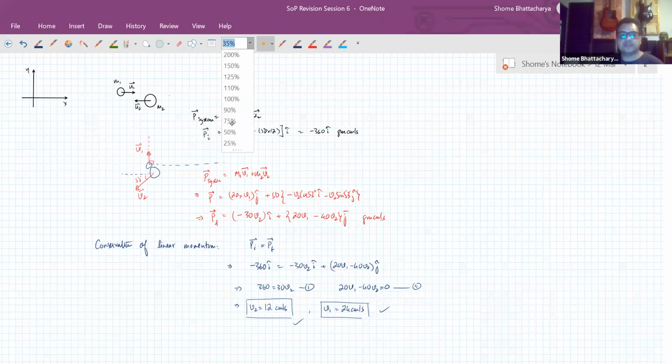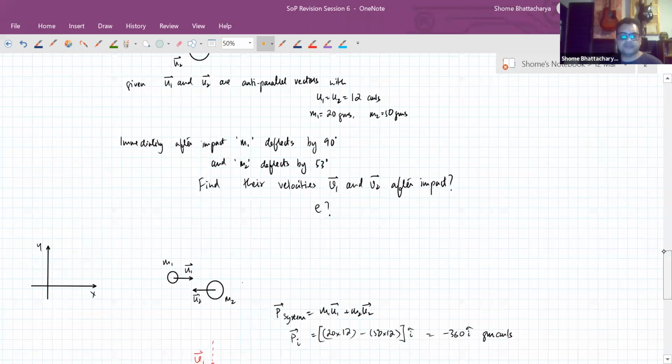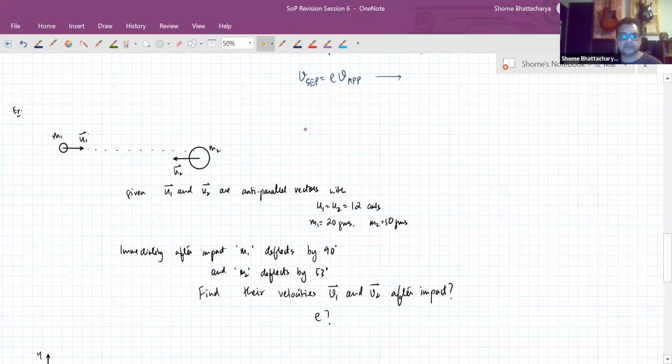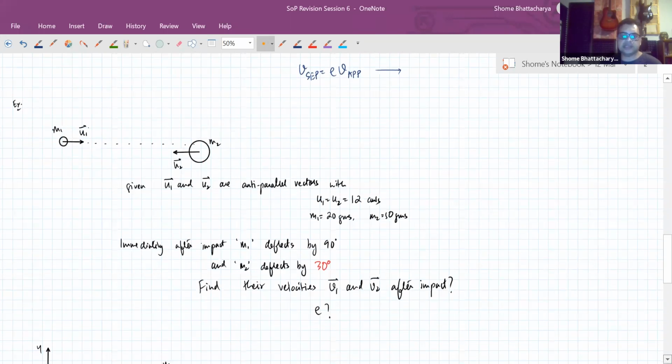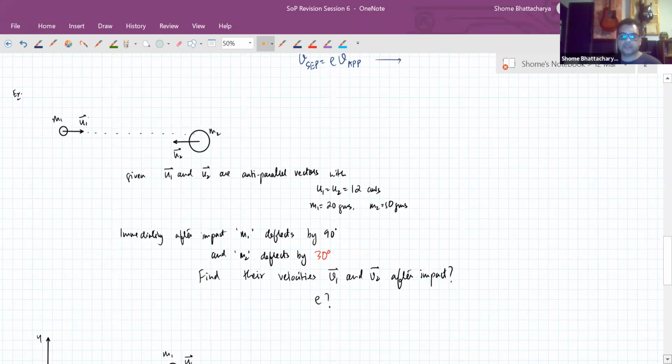Okay, there's a minor correction in data in the question. The angle of deflection for this one is not 53 degrees. It's supposed to be 30 degrees. So we'll just make a quick correction here. I'll tell you why. It cannot be 53 degrees, because the 53-degree angle is giving us a result that the system's kinetic energy is increasing, which is logically not possible.